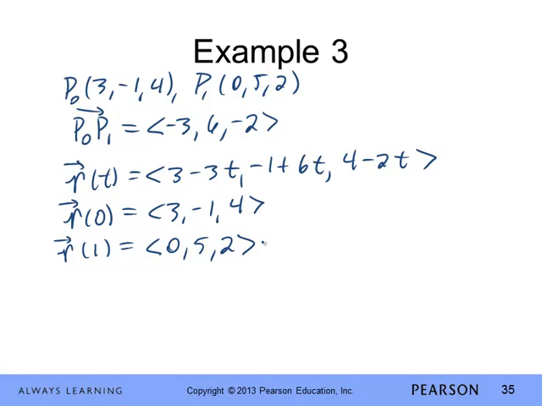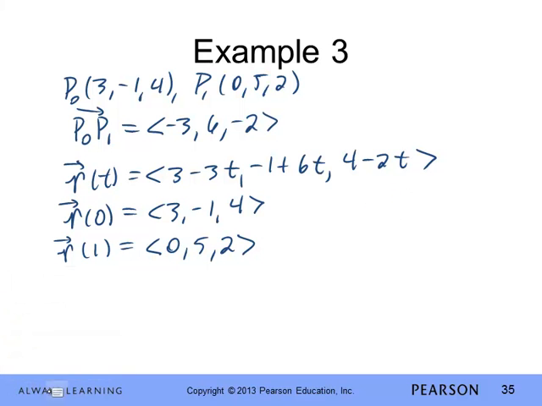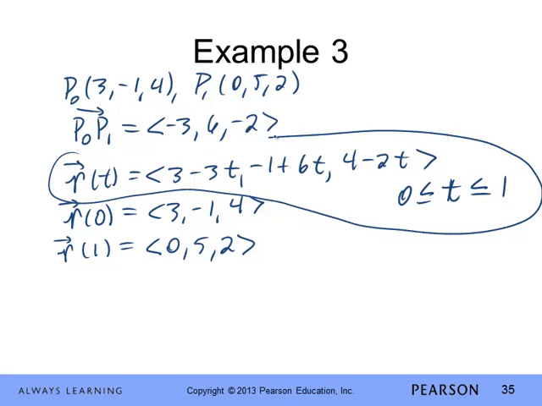You happen to be at p sub 1. So all we need to do is just specify the range of values from 0 to 1 for t. And boom, there, we've got our line segment. There's our line segment.